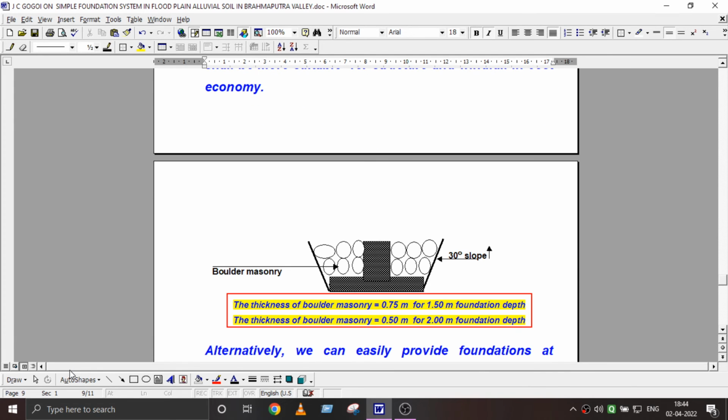You see, normally our overturning forces are resisted by the soil weight. From here it will be a 30 degree slope.